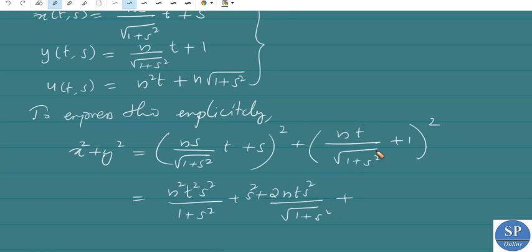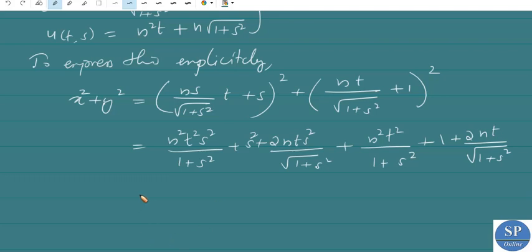Plus square of this, that is n square t square divided by 1 plus s square, plus square of 1 is 1, plus 2 into this, so this is 2 into n t divided by square root of 1 plus s square. So taking the similar terms, we get these first two terms. From these two terms n square t square divided by 1 plus s square can be taken outside, so the remaining part will be s square plus 1, right?